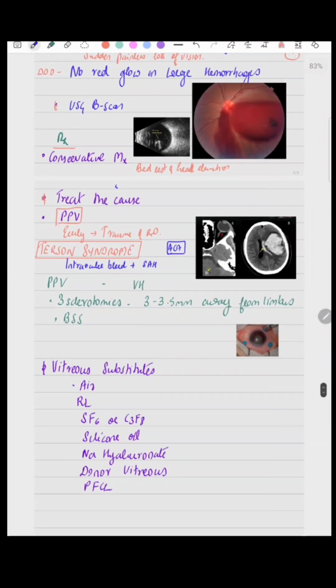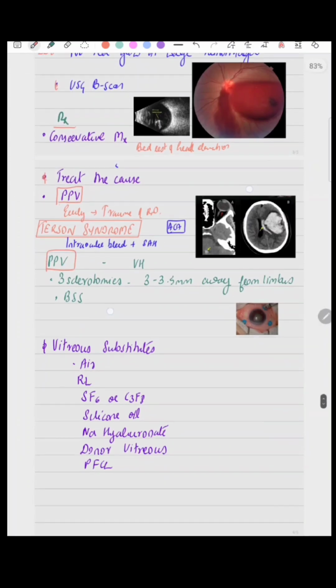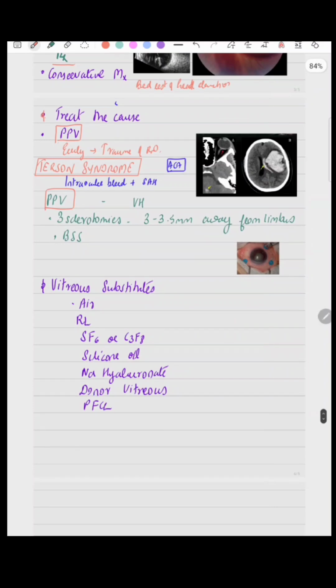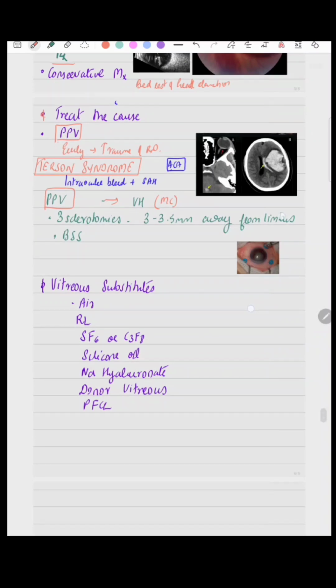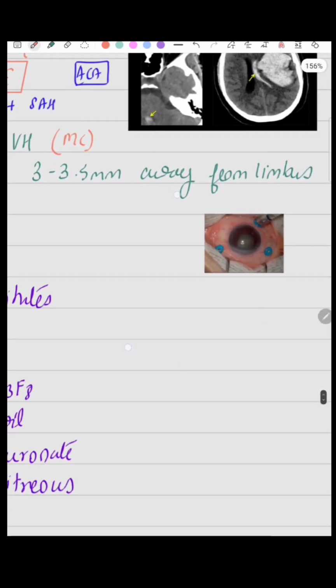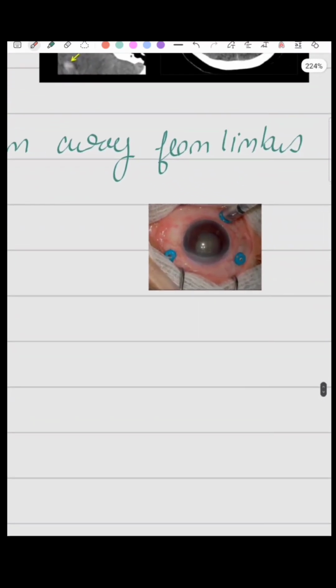Now coming to pars plana vitrectomy. It is a divided system approach, usually done in case of severe persistent vitreous hemorrhage. The most common indication is persistent vitreous hemorrhage. Now we make 3 sclerotomies at the pars plana, about 3 to 3.5 mm away from the limbus.